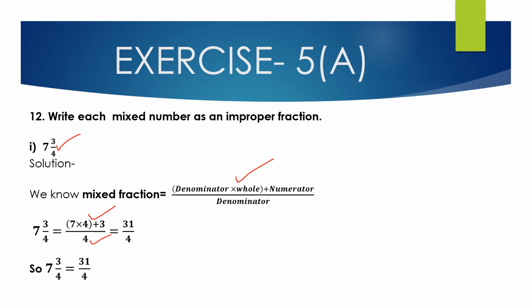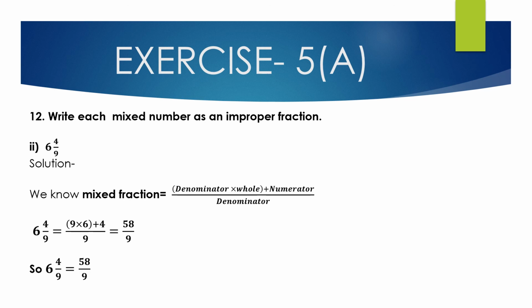So we get 4 multiplied by 7 is 28, 28 plus 3 is 31, 31 divided by 4. So 7, 3 divided by 4 equals 31 divided by 4, and 31 divided by 4 is an improper fraction, as the numerator 31 is greater than the denominator 4.